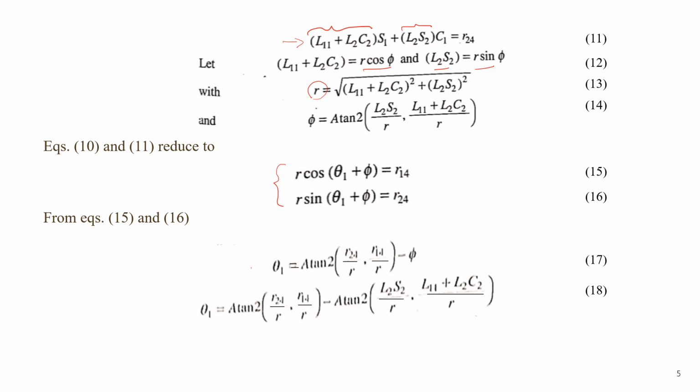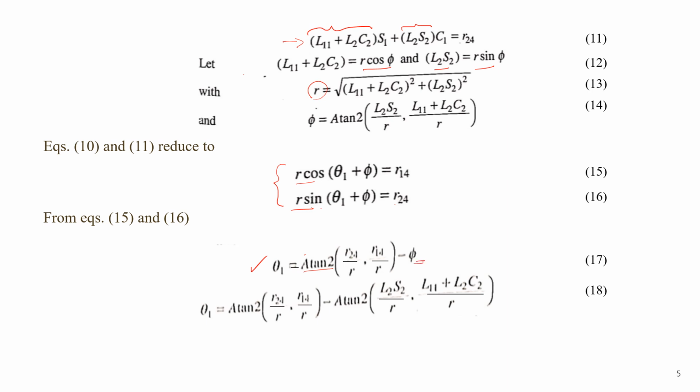When you divide sine by cos, you get tan, so that is why you get atan2 here, of r24 by r, comma r14 by r.